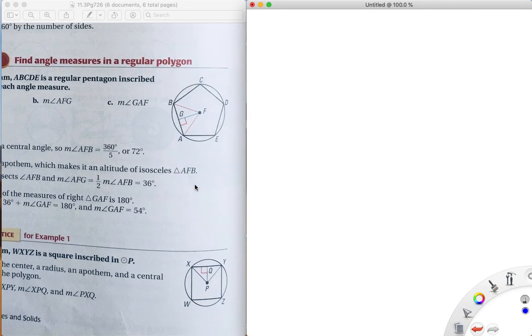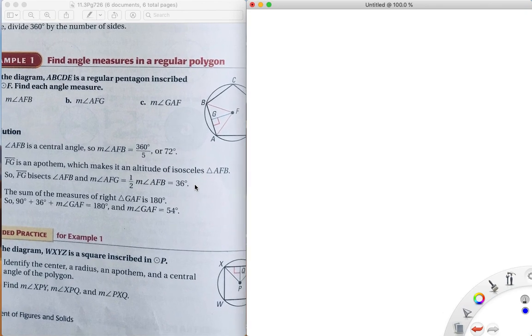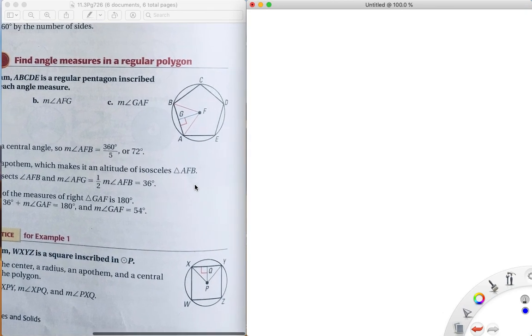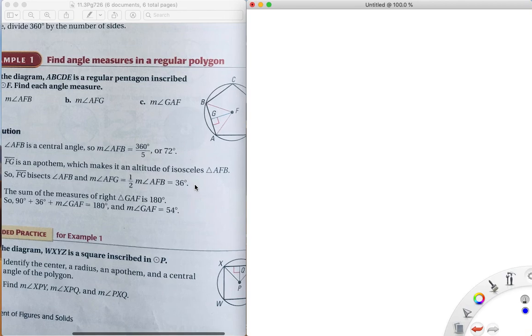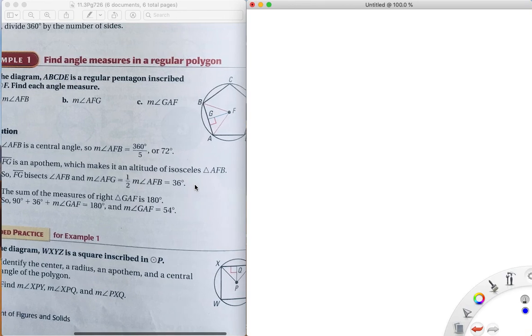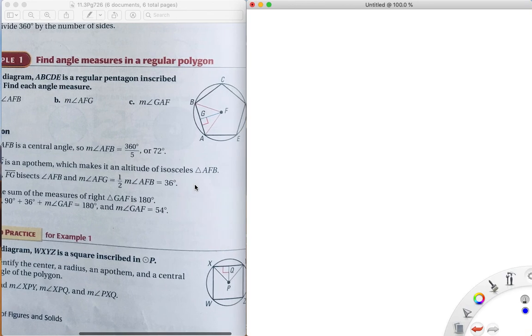So down here, we have a square inscribed inside of a circle. They want us to find the center, the radius, an apothem, and the central angle.